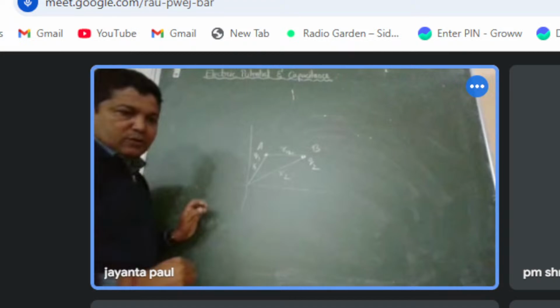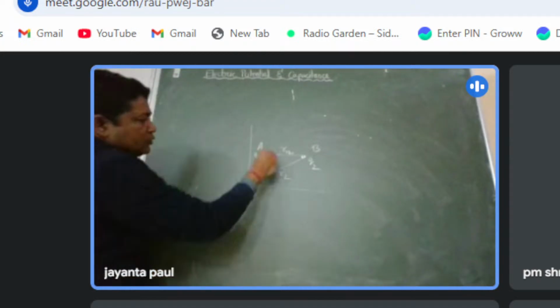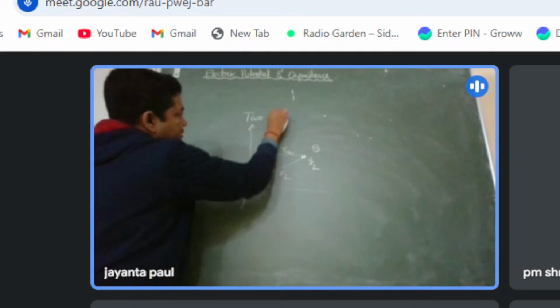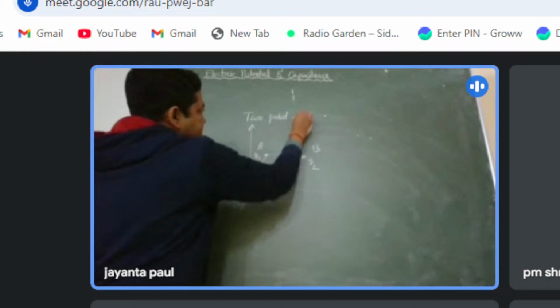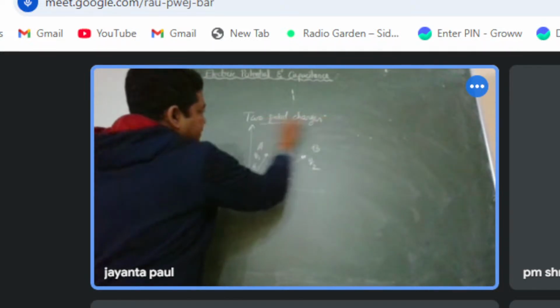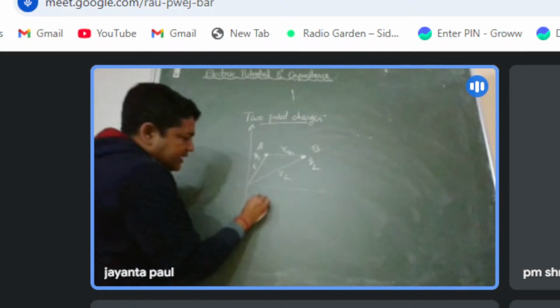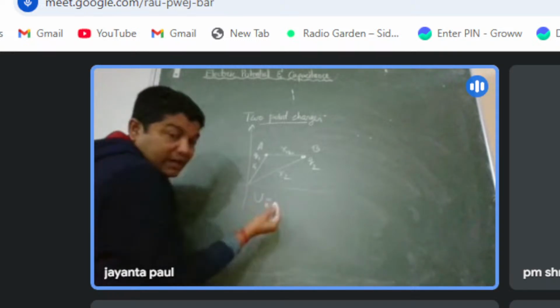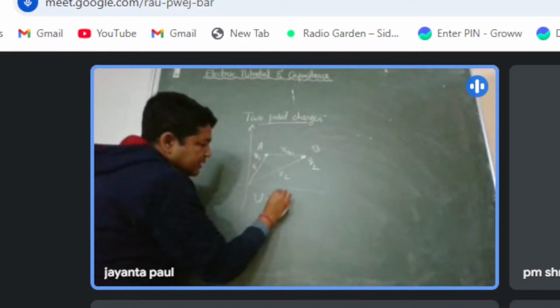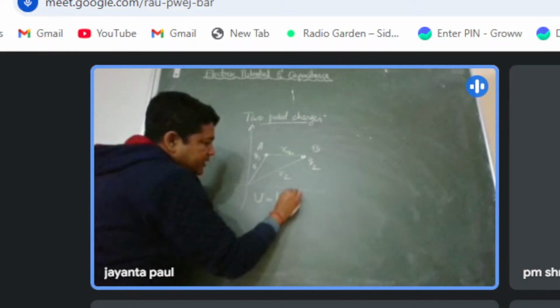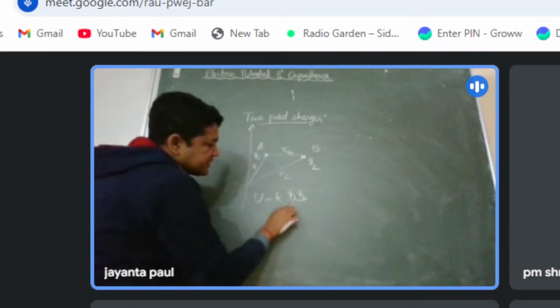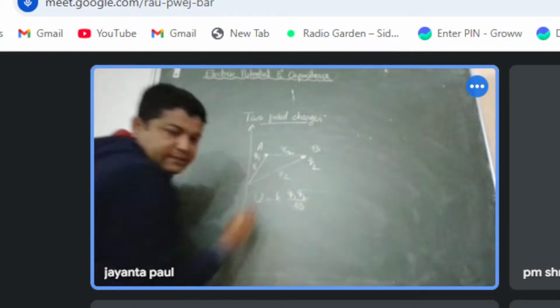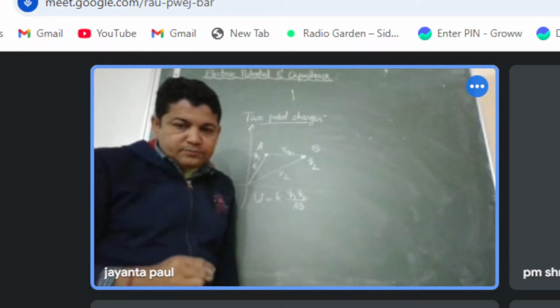Okay, so in this system, for 2 point charges, the potential energy is nothing but the work done. So work done is k q, distance between these two, the distance is AB.